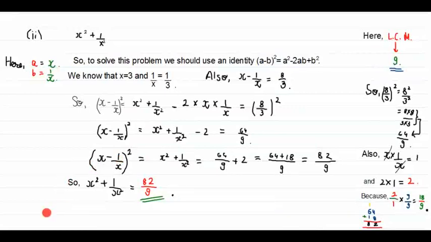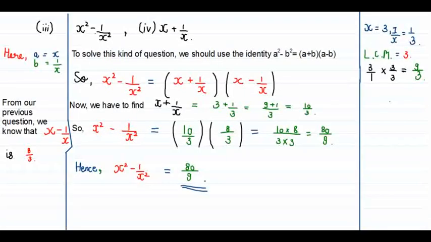Now we are going to go ahead to solve our third problem. So guys, our third question is x square minus 1 by x square. To solve this kind of question, we should use a different identity, which is a square minus b square is equal to (a plus b) into (a minus b).